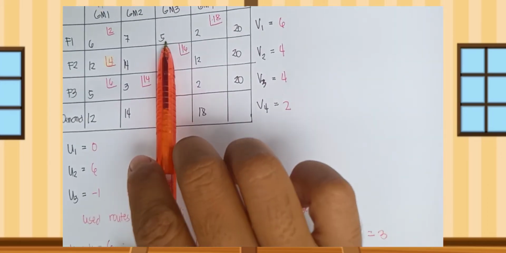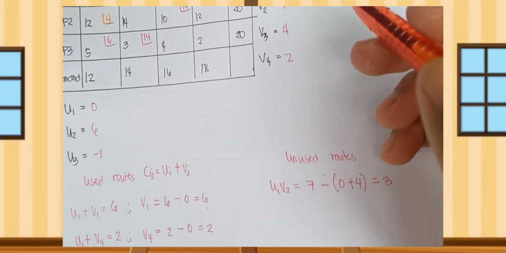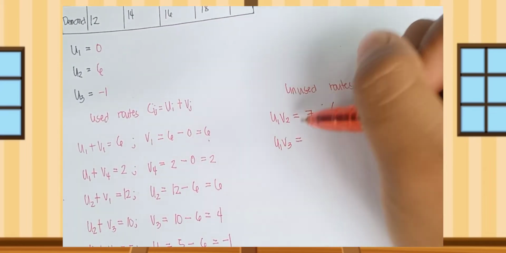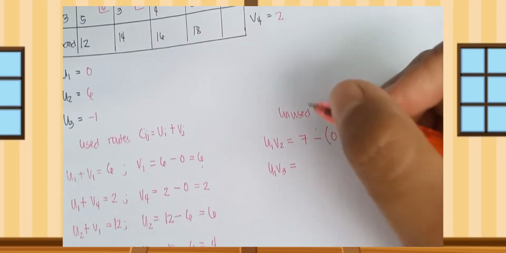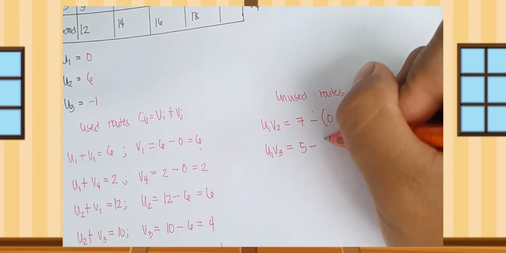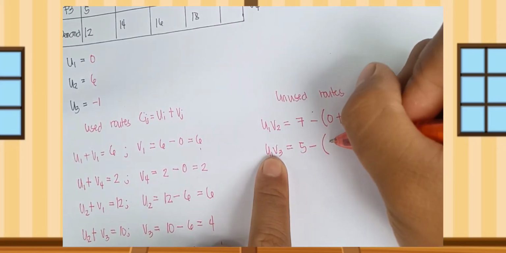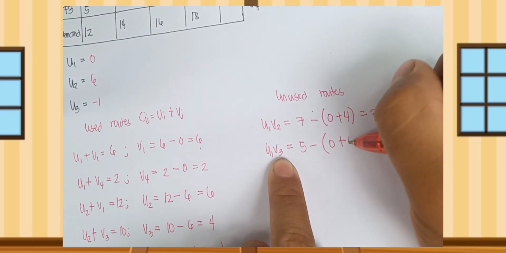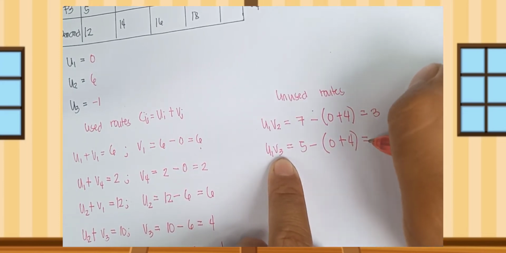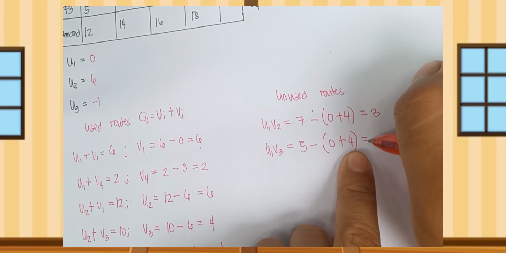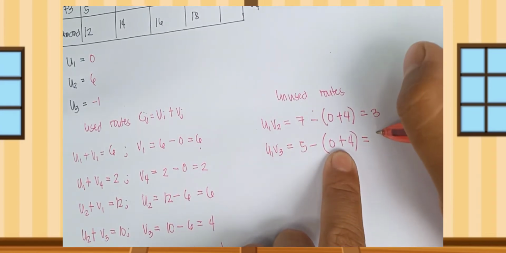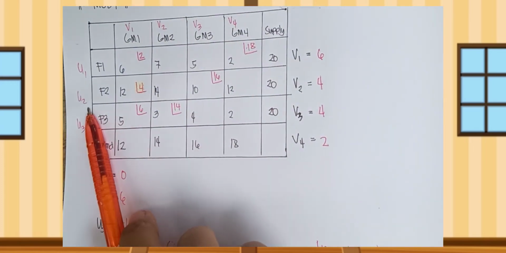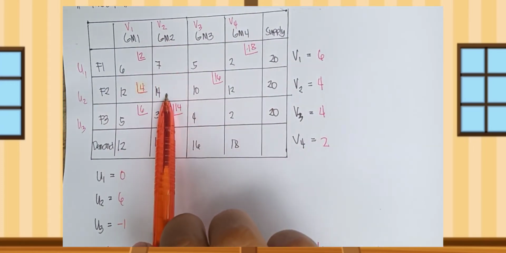Then next is the U1 and V3. So the Cij of 5 minus the value of U1, which is 0, plus the value of V3, which is 4. So 0 plus 4 is equals to 4. So 5 minus 4 is equals to 1. Then after that we have U2 and V2.